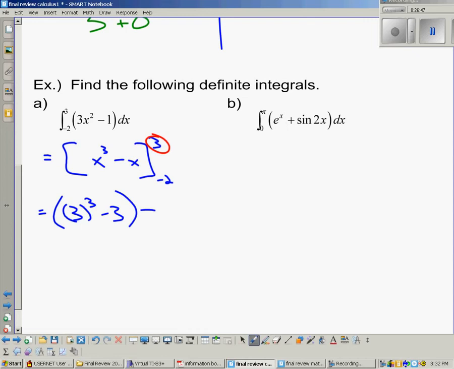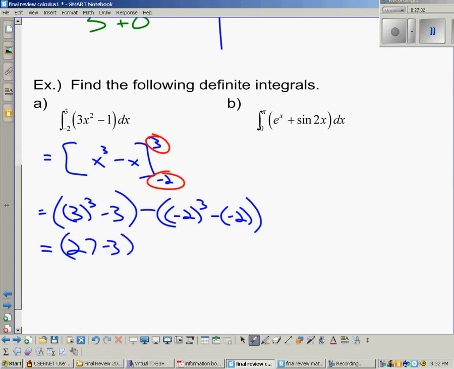And I'm going to subtract off what I'd have when I substitute in -2 for the whole expression, which will be -2 cubed minus -2. A lot of brackets happening here. So this would be 27 minus 3, my first one's here, and this one would be -8 plus 2, or 24 plus 6. Oh my gosh, we get the same answer.